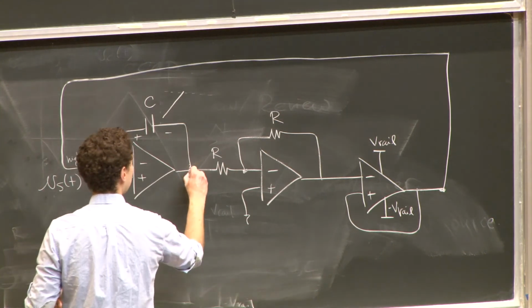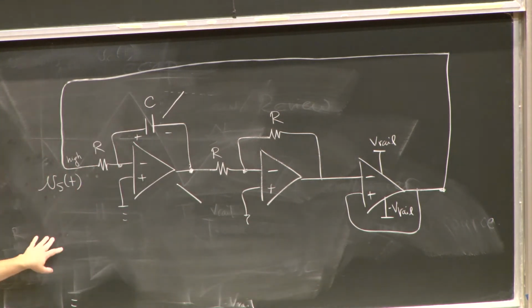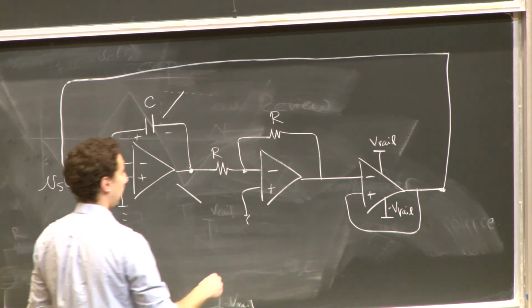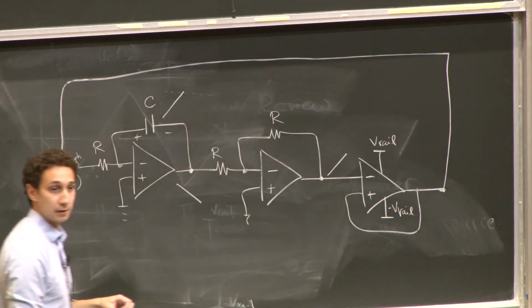So the output voltage here, which is minus Vc, is going to be dropping. We put that result through the inverting amplifier, and this output right here will be increasing.